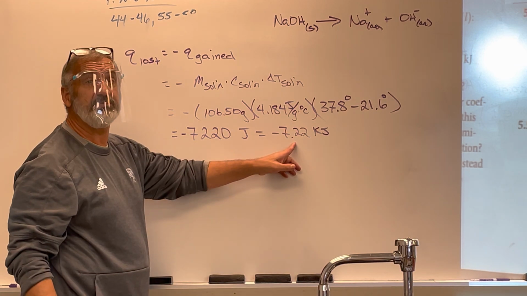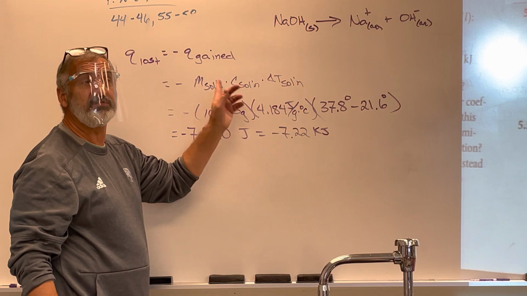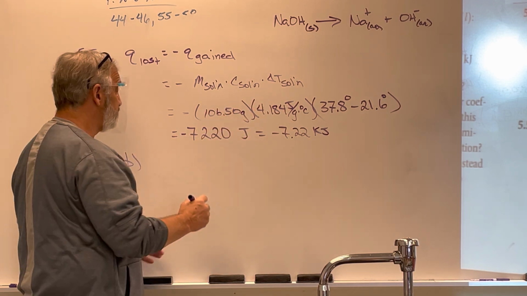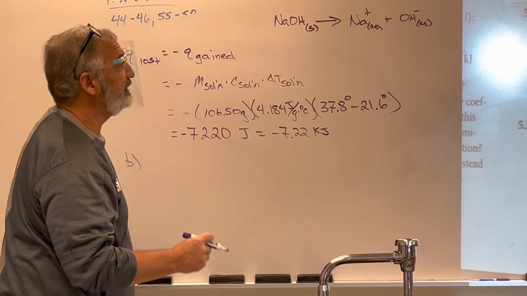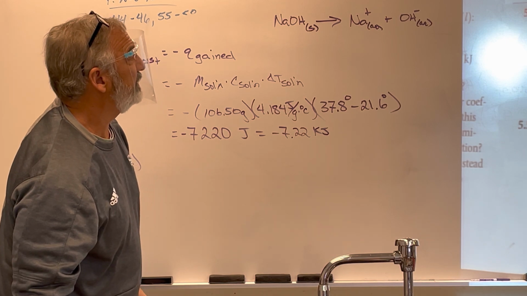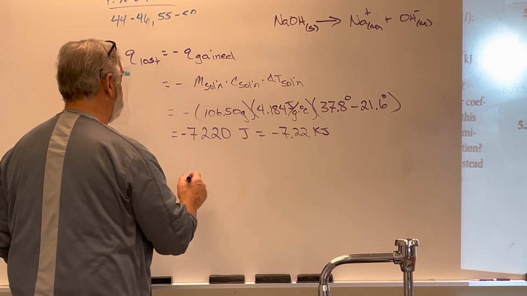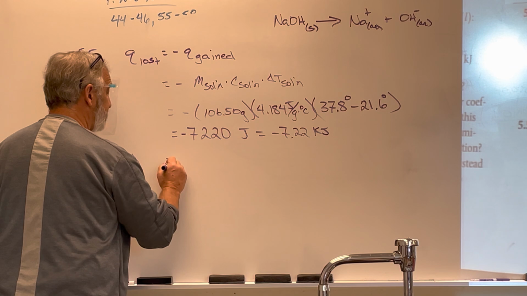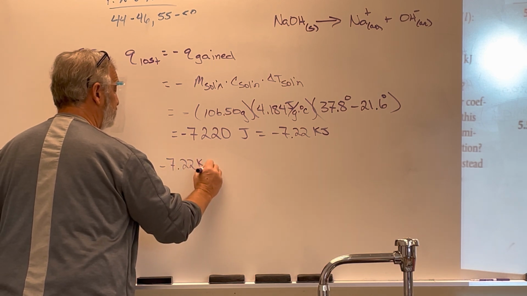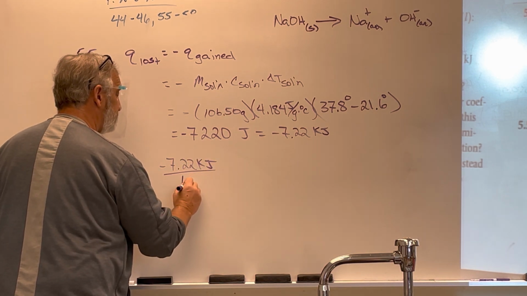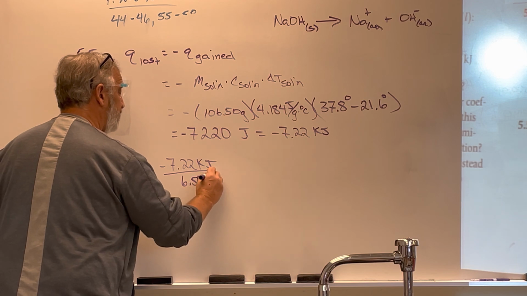Because this is how much heat was released when 6.5 grams dissolved. So I just need to change it to kilojoules per mole. So I'm going to have negative 7.22 kilojoules per 6.5 grams of NaOH.